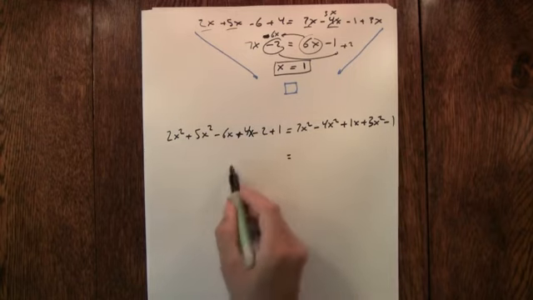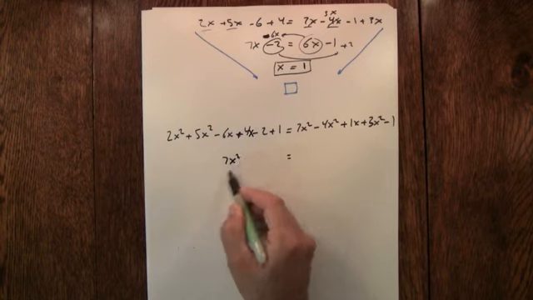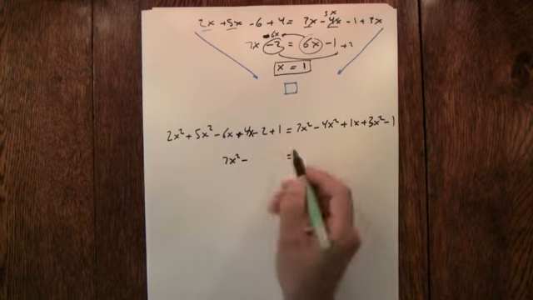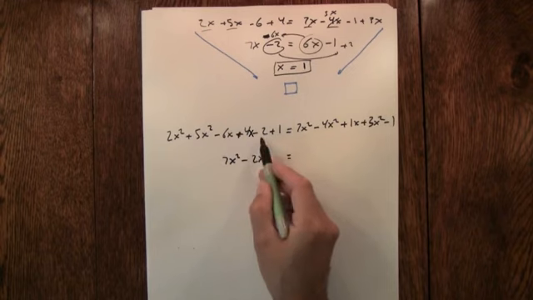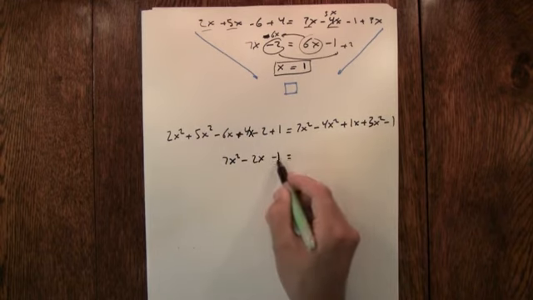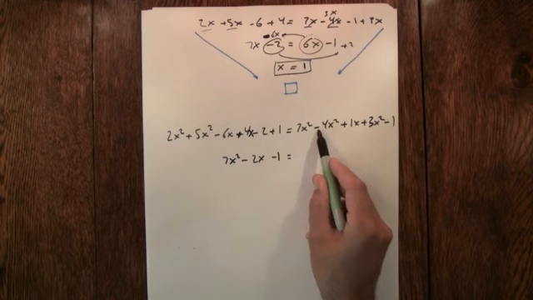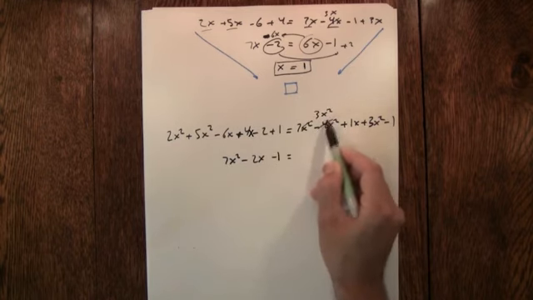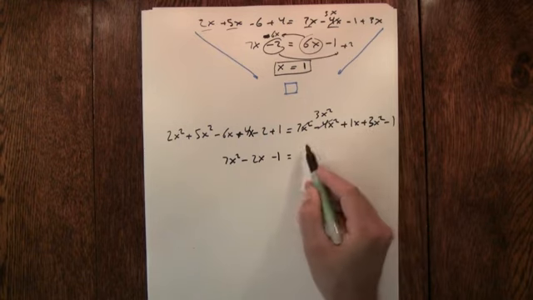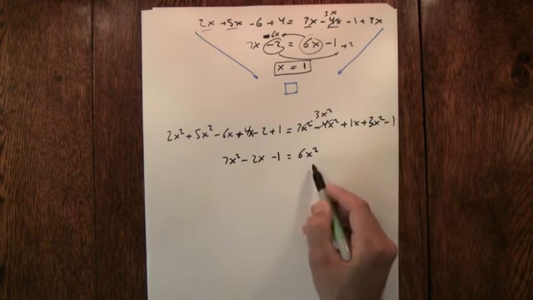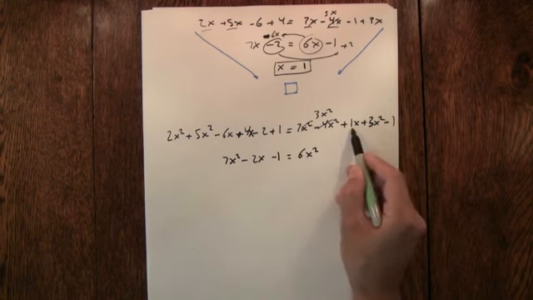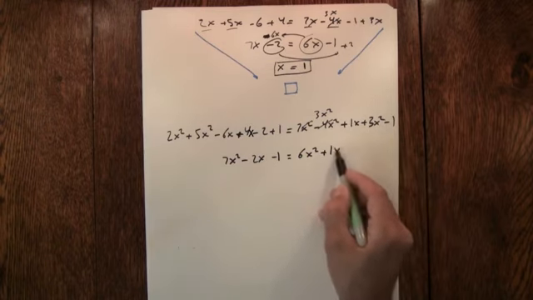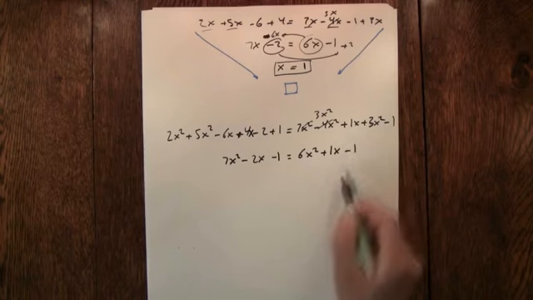2x squared plus 5x squared is 7x squared. Negative 6x plus 4 is negative 2x. Negative 2 plus 1 is negative 1. 7x squared minus 4x squared is 3x squared, right? 3x squared plus 3x squared is 6x squared. 1x doesn't combine with any other x's, so we keep that as plus 1x and negative 1, right?